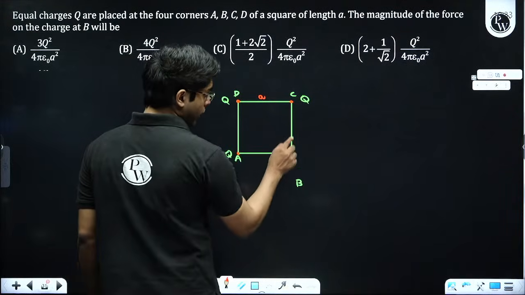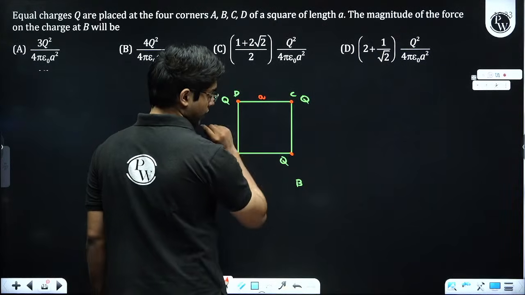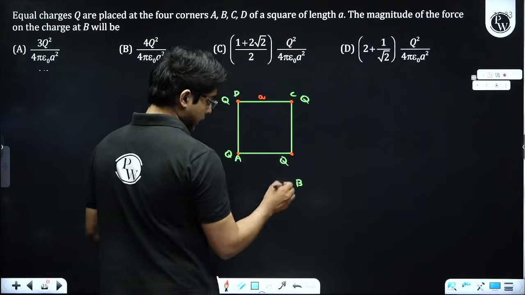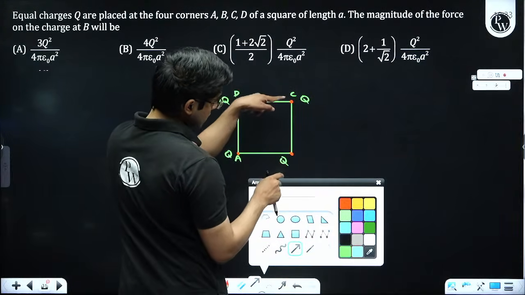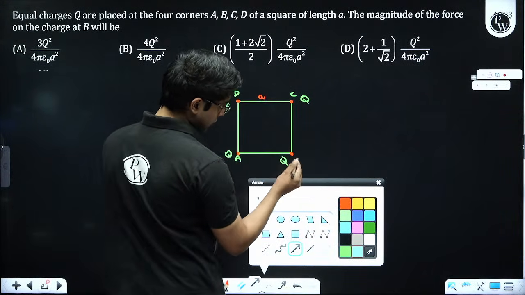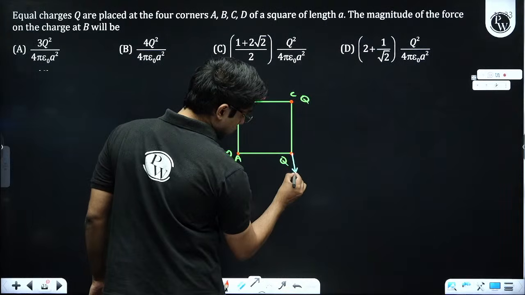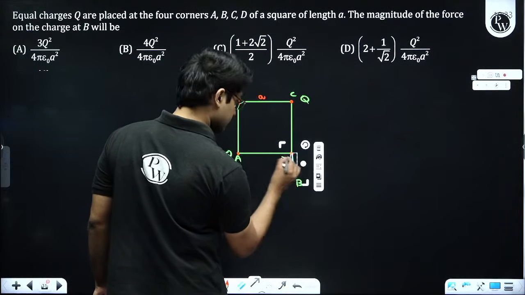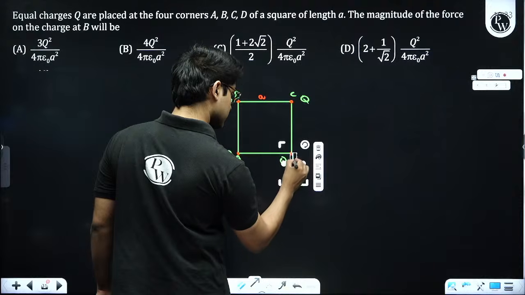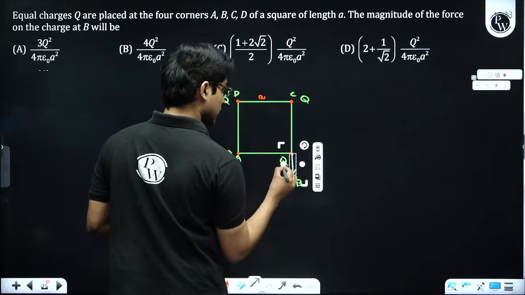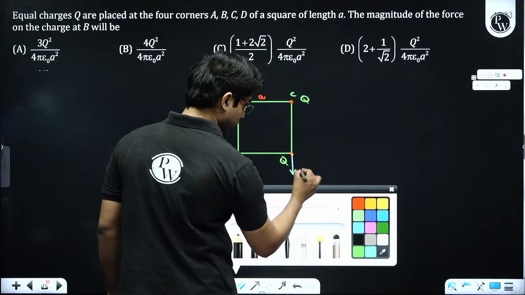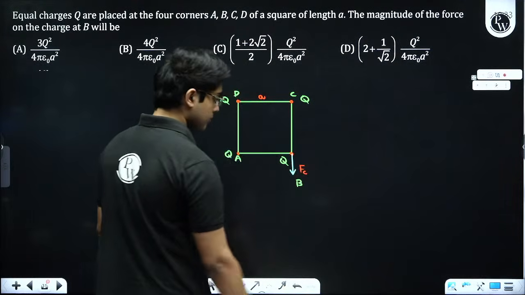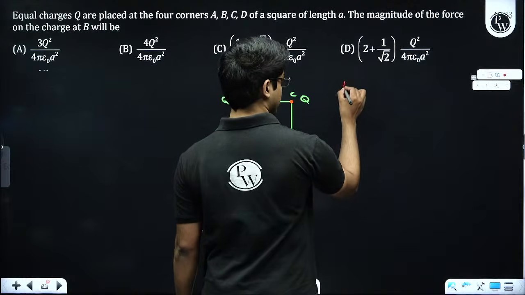So if I only focus on this charge over here, then this charge will repel this Q, right? So it will exert a force downwards like this. Okay, this is the force due to C. So if I call this F due to C, what will the magnitude be?